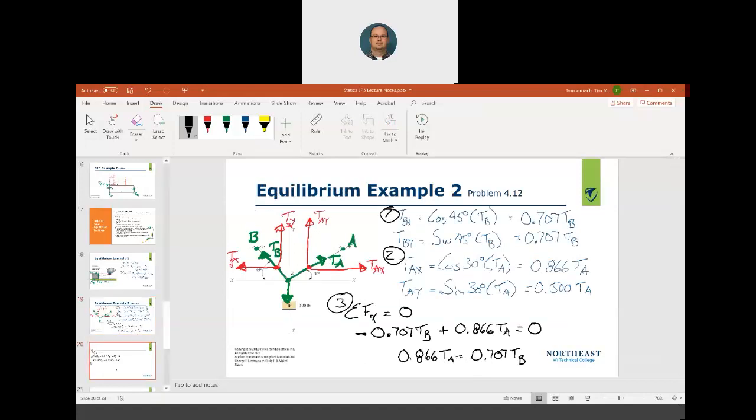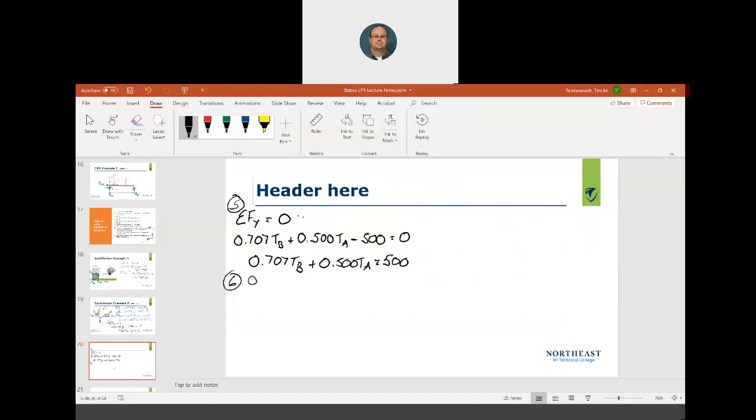So I'm going to rewrite that equation. 0.866 TA equals 0.707 TB. So how do I get rid of this? I divide both sides by 0.866.